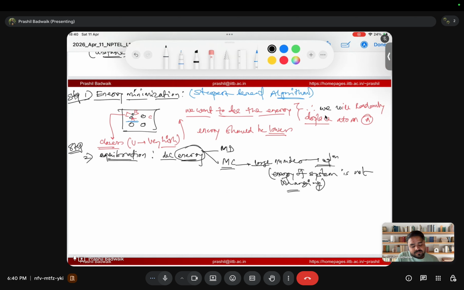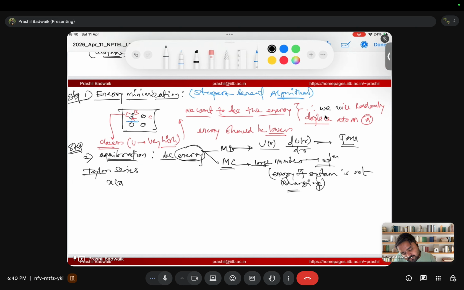Correct? Similarly, we do MD simulation where we calculate U of r. You take the derivative dU(r) by dr, and then you get something called force. And how it will be used, you know, from the Taylor series, simplest algorithm is the Taylor series over here.